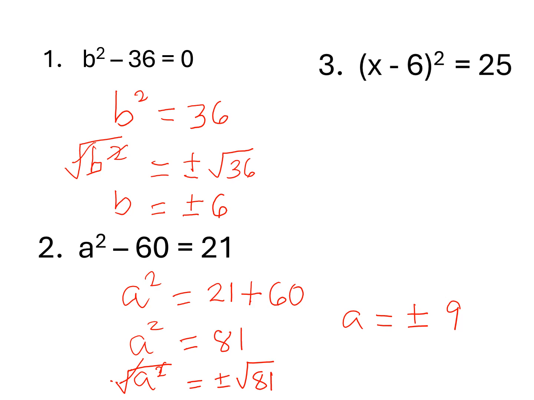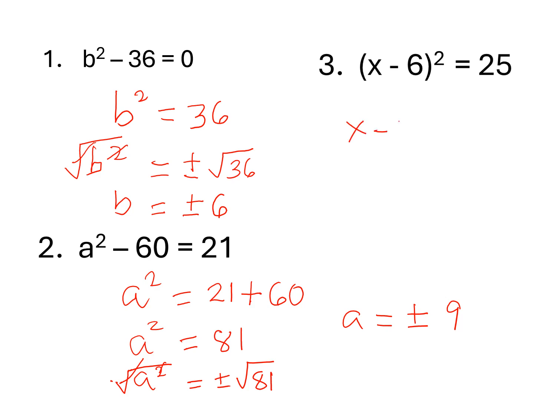Next, let's proceed to item number 3. The equation is the square of the quantity x minus 6 equals 25. In this case, the left side of the equation is already written as the square of a binomial, so we can directly apply the square root method. We square root both sides of the equation.